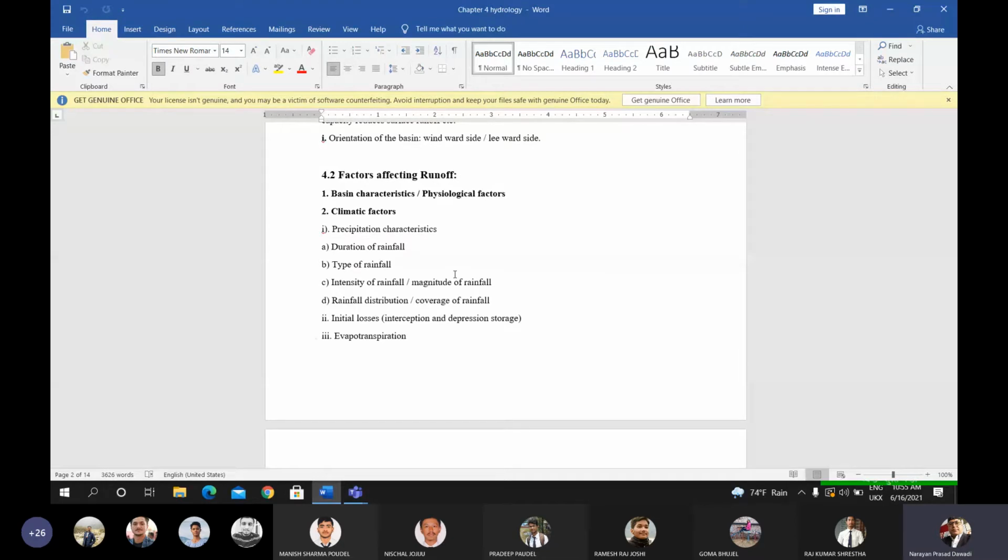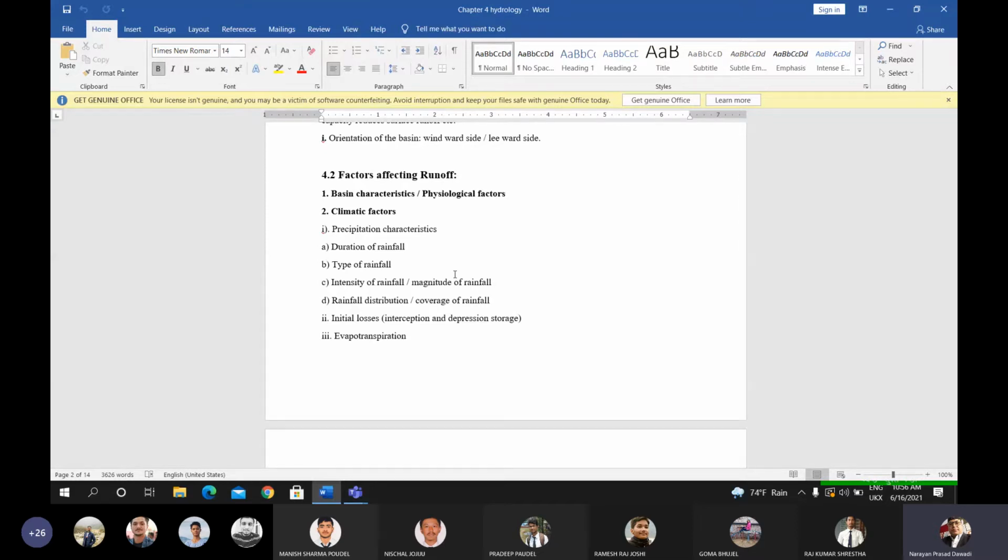And the magnitude of rainfall, that is, the depth of rainfall. If the intensity is high, then the depth of rainfall is also very high. If the magnitude is very high, the chance of water flowing to the stream will be high. Now rainfall distribution: if rainfall occurs covering the whole catchment area, then the chance of water flowing to the main river will be very high from all parts of the area.